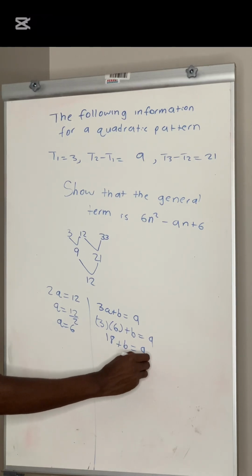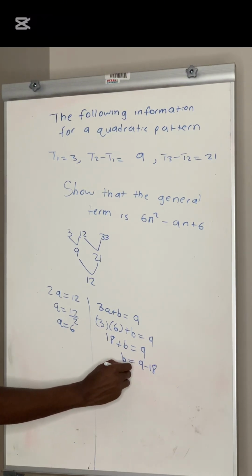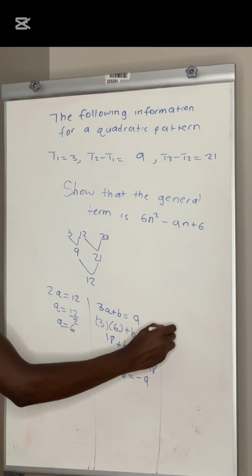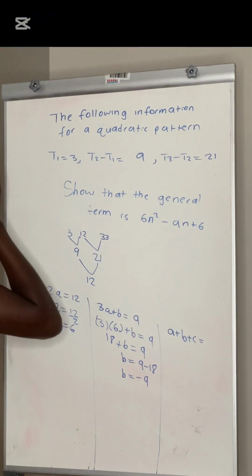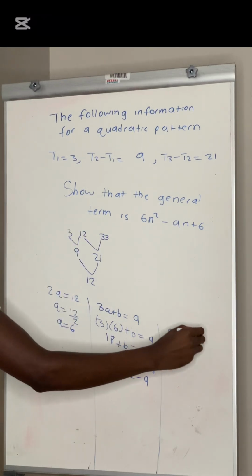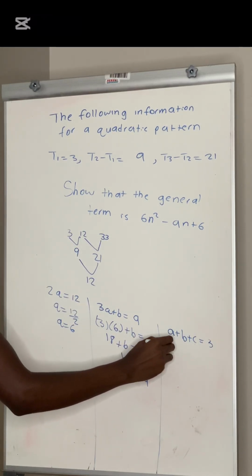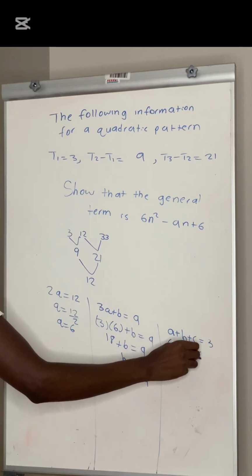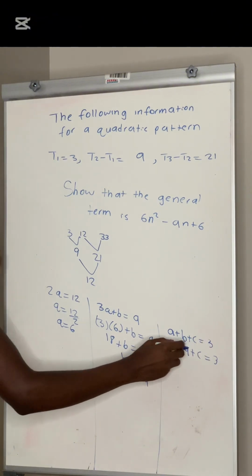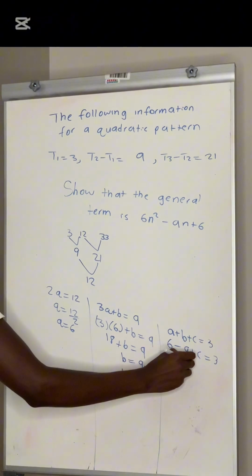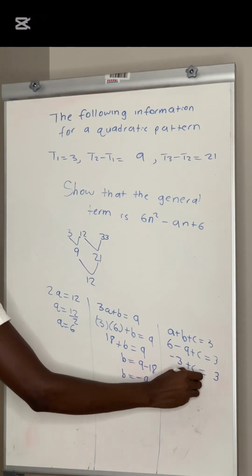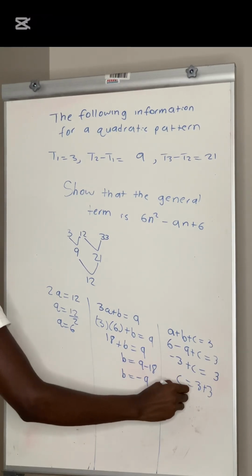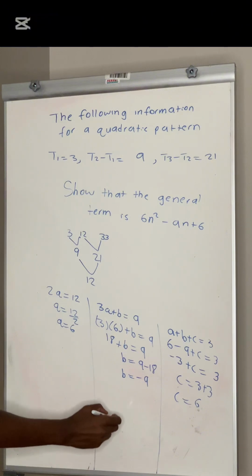B is equal to 9 minus 18. B is equal to negative 9. And then we said a plus b plus c is equal to the first term, which is 3. So it's 6 minus 9 plus c is equal to 3. 6 minus 9, that is negative 3, plus c is equal to 3. C is equal to 3 plus 3, and then c is equal to 6.